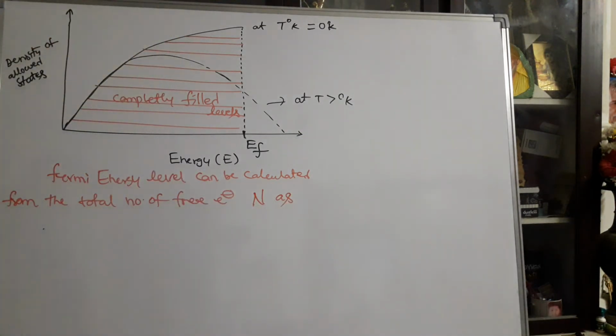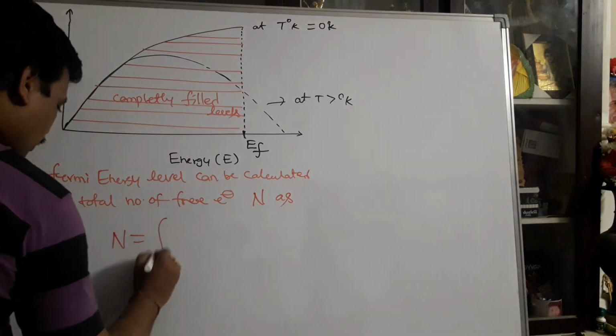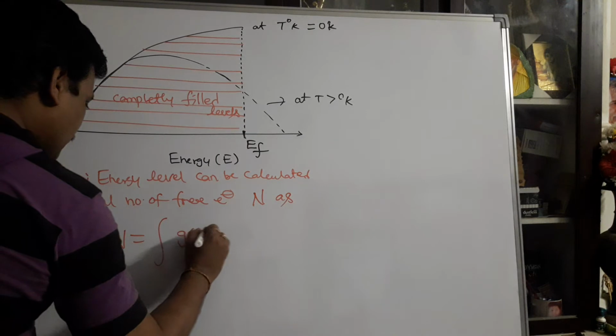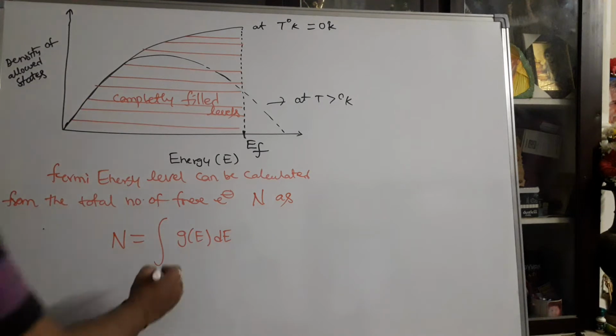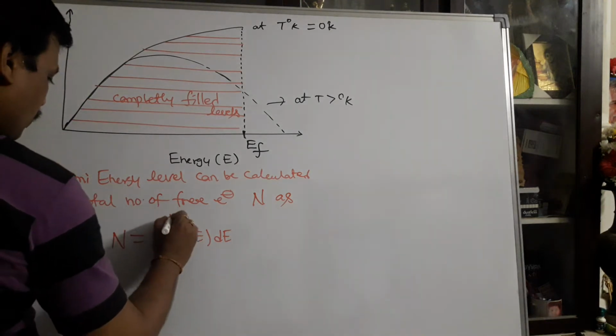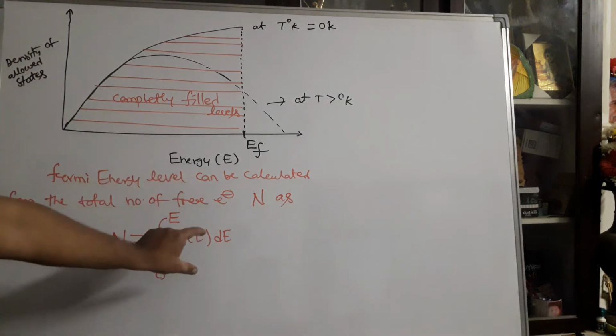You can calculate it. The total number of electrons N is equal to the integral of G of E into dE, where energy is taken from 0 to total energy E. You know G of E from the previous point, and that value can be substituted in this equation.